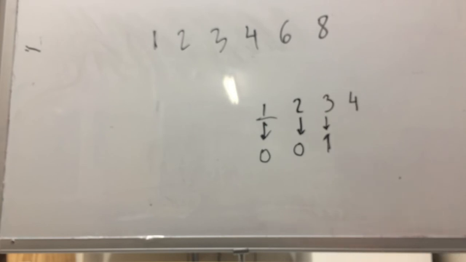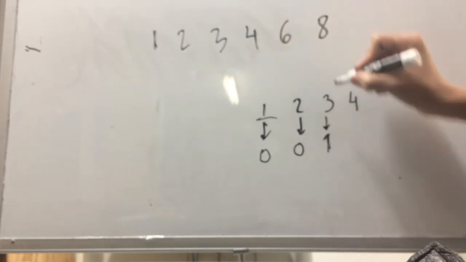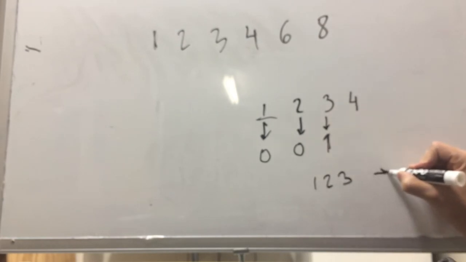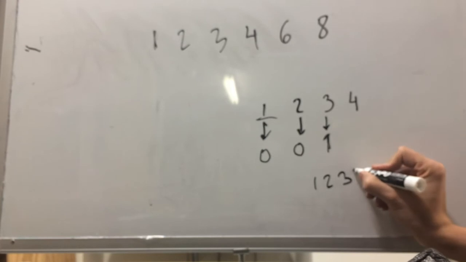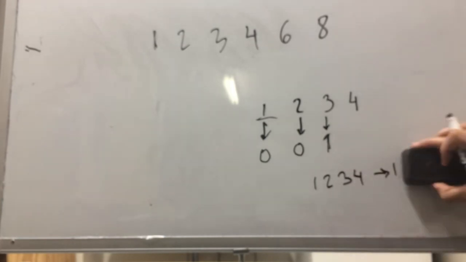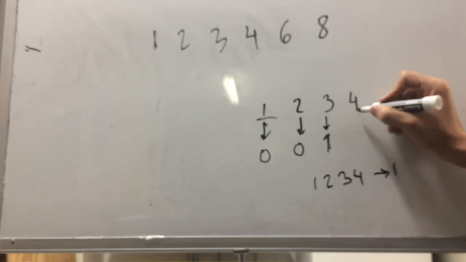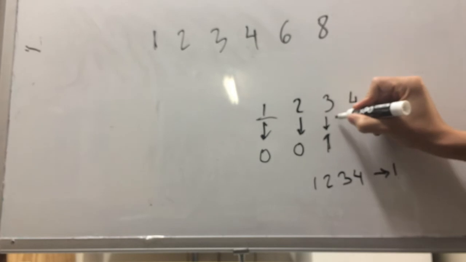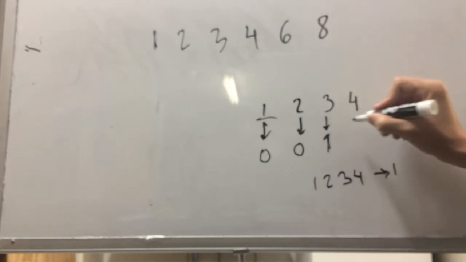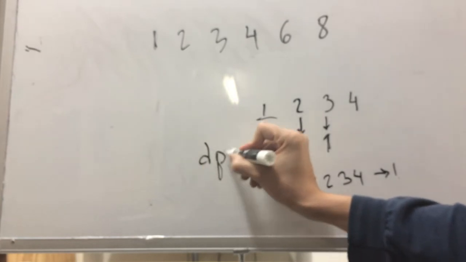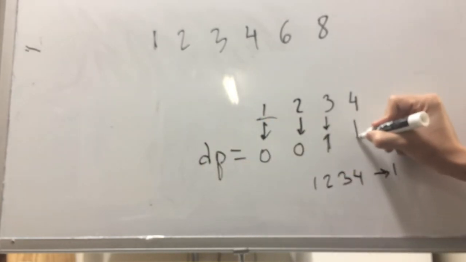So you could use this idea: if 1, 2, 3 gave you one combination, and if you added 4 to this, that would still give you one combination. So to come up with a solution for 4, we use the previous solution, which is for 3. So we'll use, let's say our array is called dp, and we use the same solution.